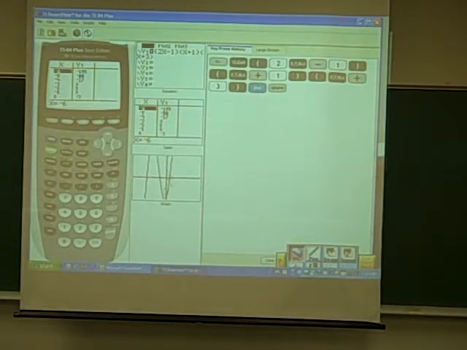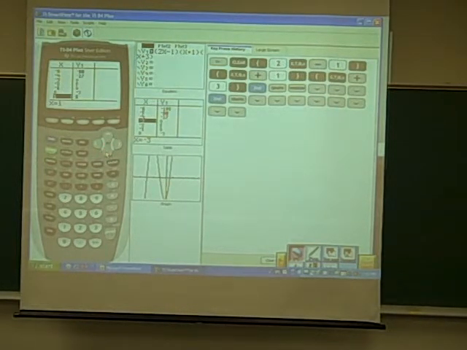Well, here's our table of values, and we want to go ahead and get our whole graph in here. So what we want to do is go to Window, and the Y part of our window is too small, so we're going to open it up a little bit. Our Y values went between 5, 0, 5, 0, negative 3, 8.